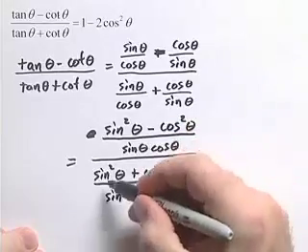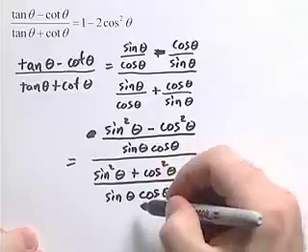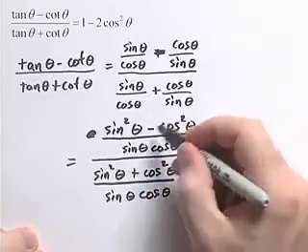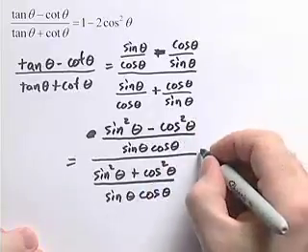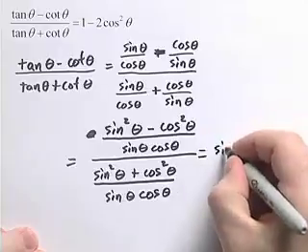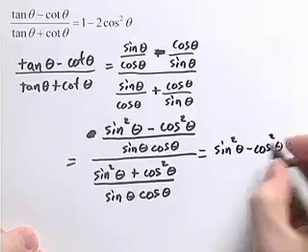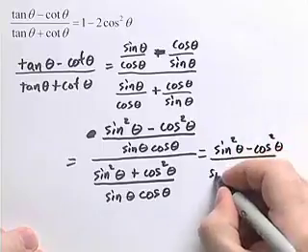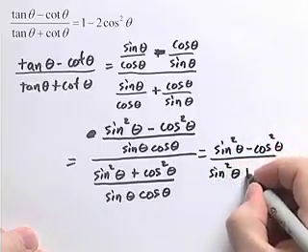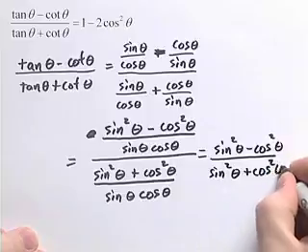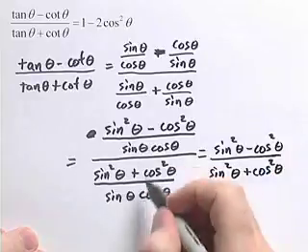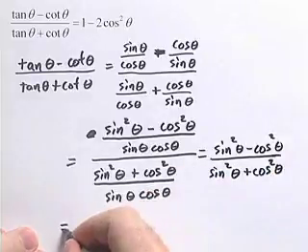So if we were to invert our fraction in this denominator and multiply it times our numerator, those would cancel. What we would get is sine squared theta minus cosine squared theta divided by sine squared theta plus cosine squared theta. So those denominators will cancel.